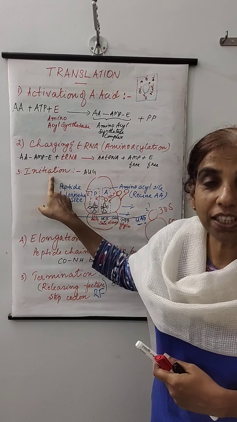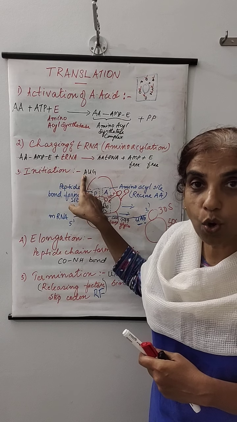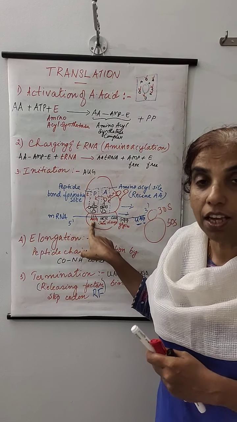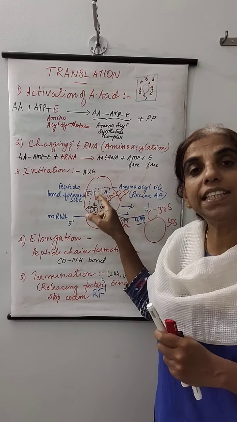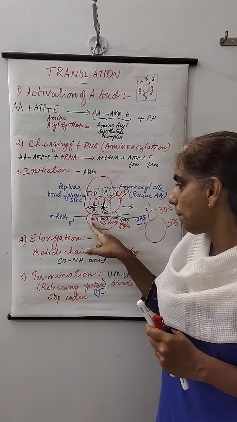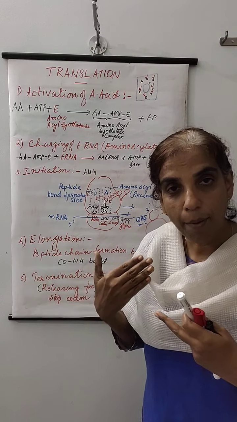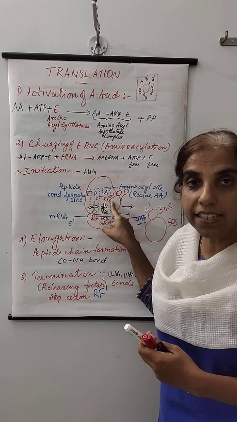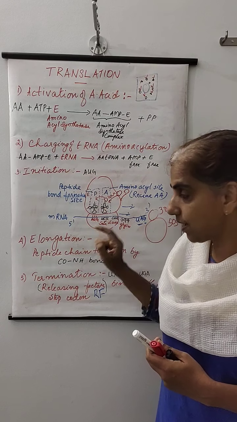This initiation starts with AUG, the methionine codon. This AUG comes at the P site; you have to see that AUG never comes to the A site. It comes directly to the P site, and slowly amino acids are added at the A site with the help of the codons of the messenger RNA.